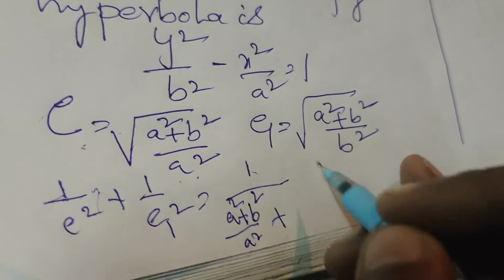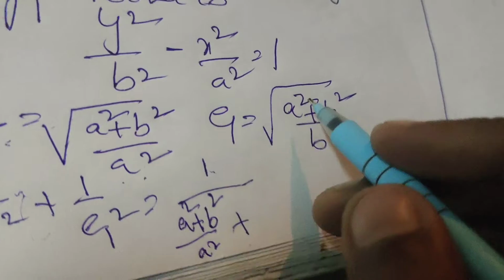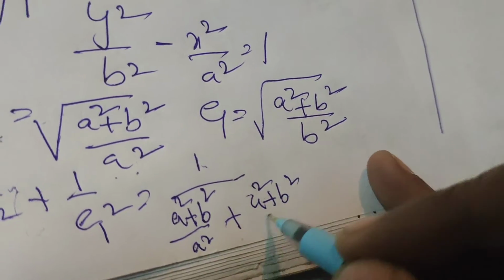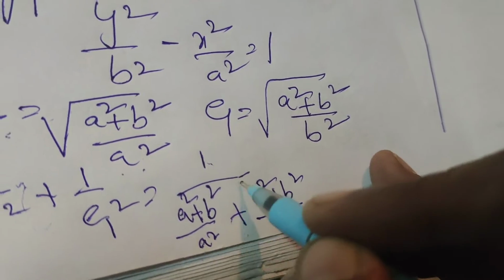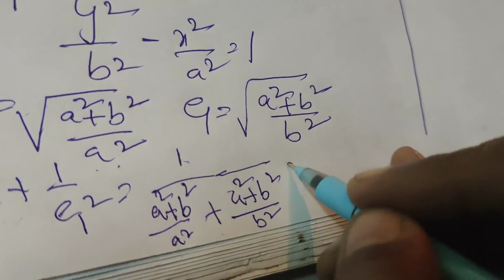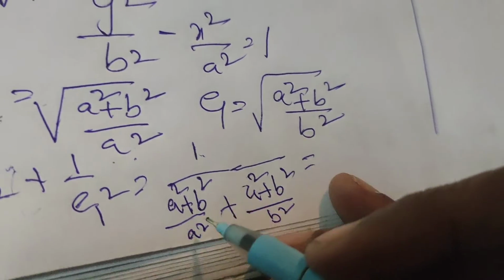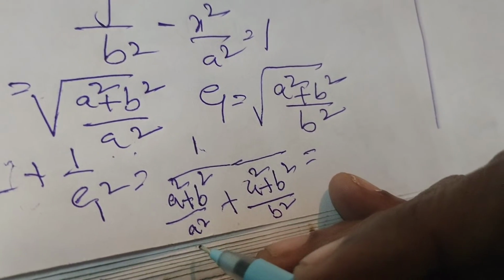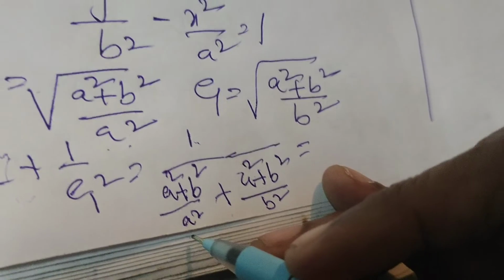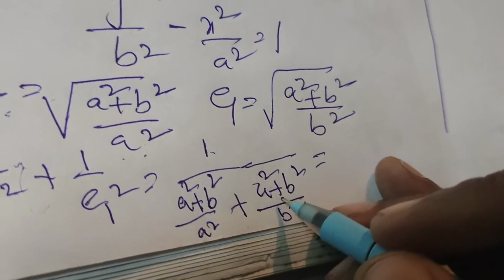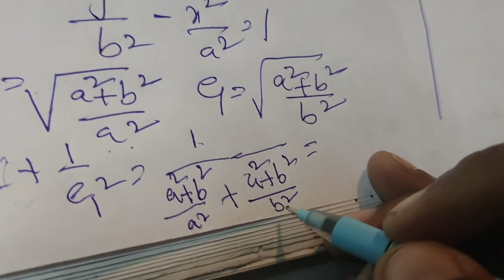Also e1 square, the square root cancels, gives a square plus b square by b square.